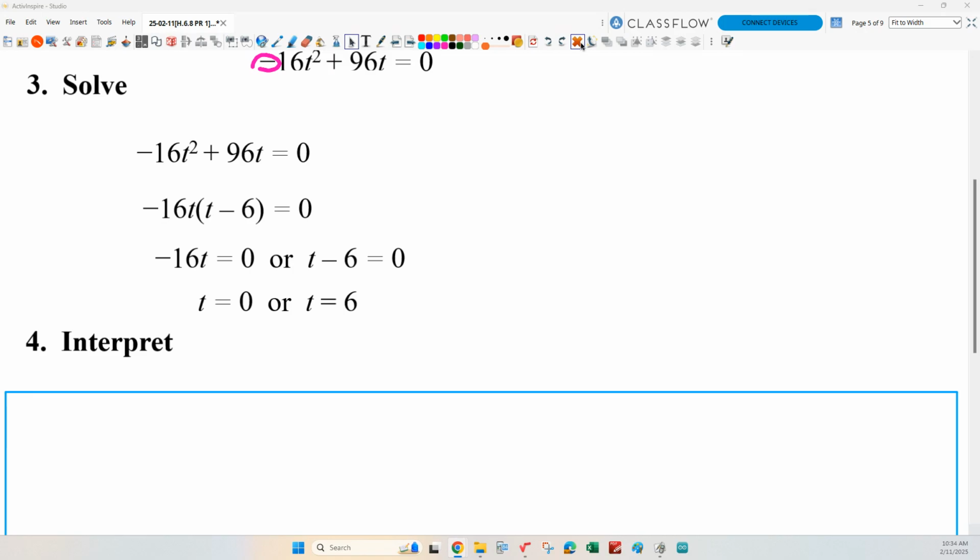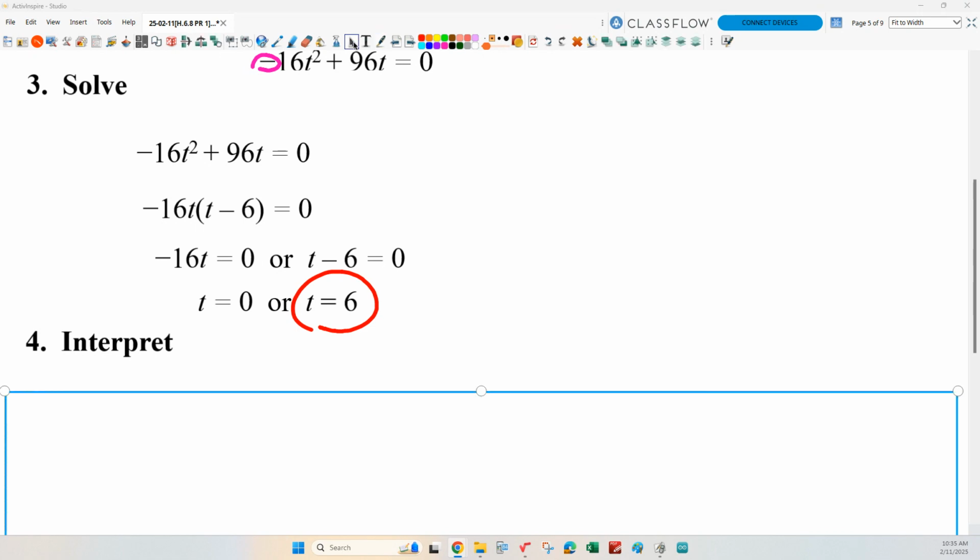What is the height of the golf ball at t equals 0, when it's on the tee and you're hitting it? 0. Yeah, it is 0 at t equals 0. That's just not the instant that we're interested in. We're interested in the moment in time when it returns to the ground after having been hit, right? So this is the one we're asking about. But the other one is meaningful. It's just a different question. Give me thumbs on that. Does that make sense?